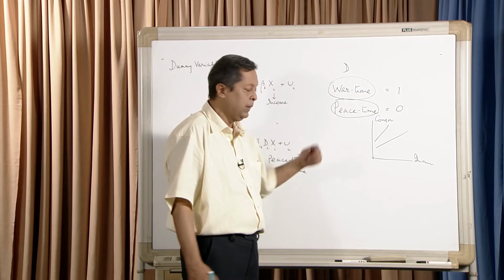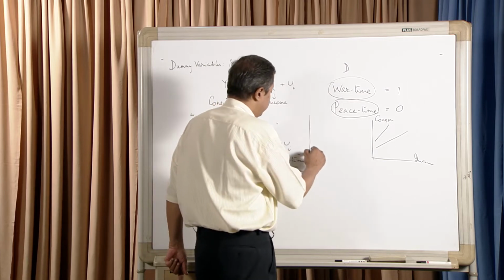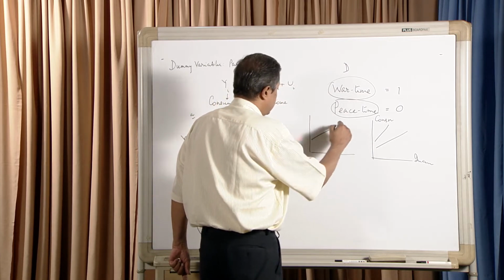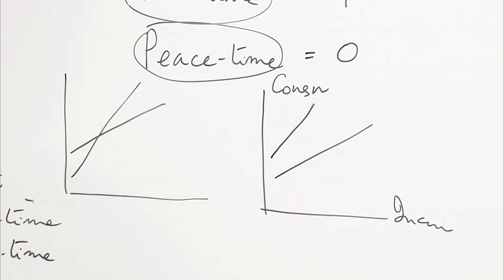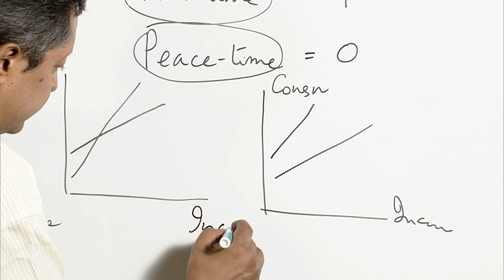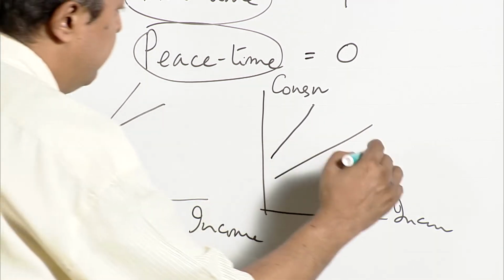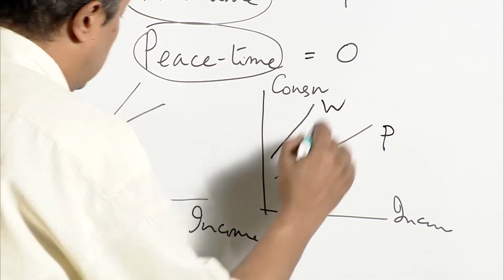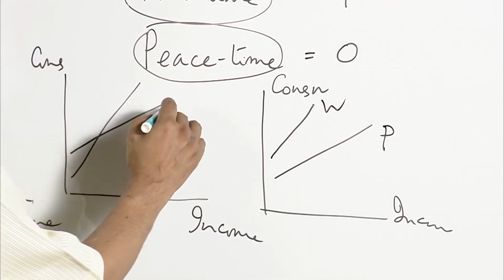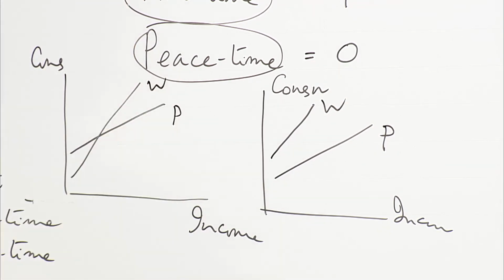Of course, this is not the only possibility. This is the peacetime, that can be wartime. So, there can be different possibilities. This is income and that is consumption. I am just writing peace and war, and maybe this is peace and this is war.